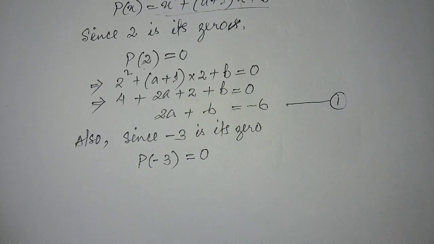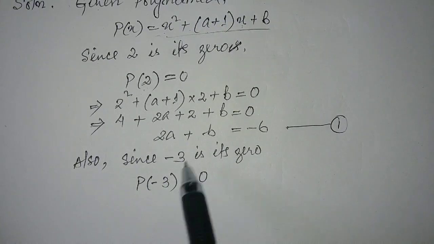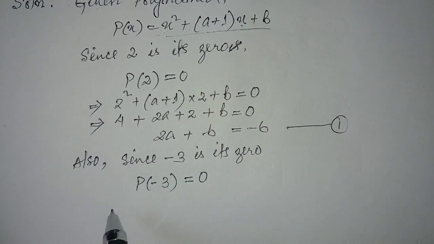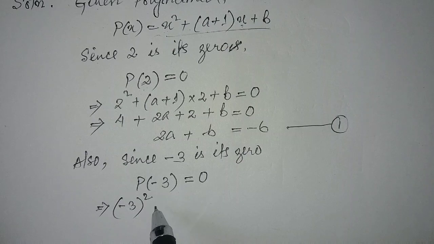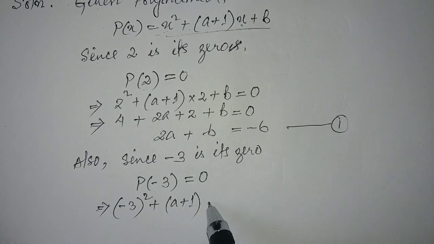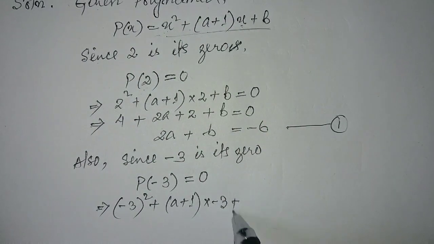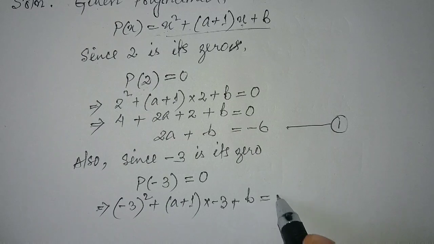Now again we are going to substitute, replace this x with this minus 3. Here minus 3 square plus a plus 1 into minus 3 plus b equal to 0.